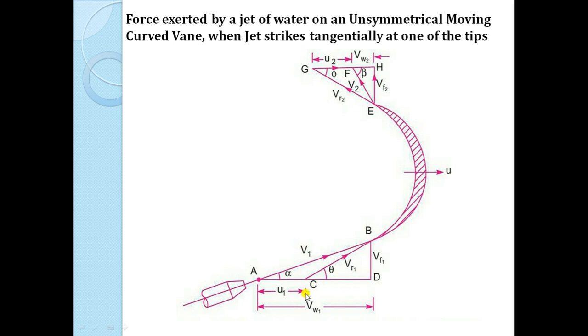So here there are two velocity components, Vf1 and Vw1. Vf1 is the velocity of flow at inlet.